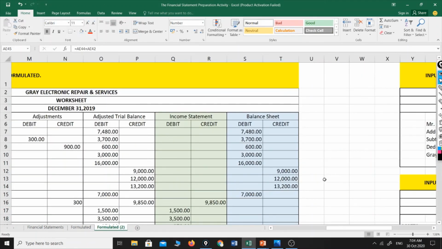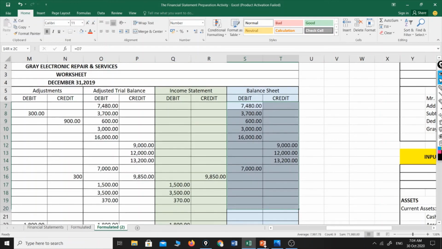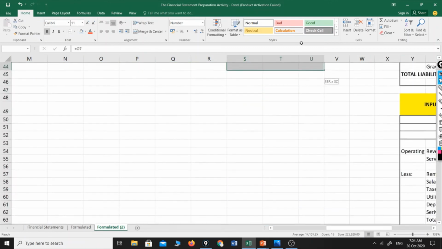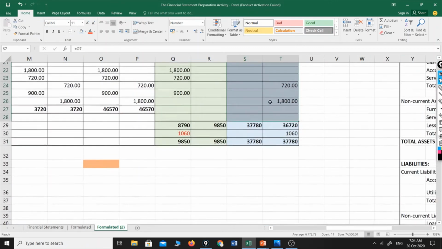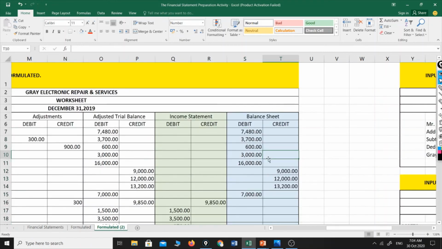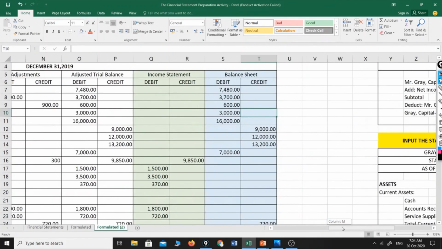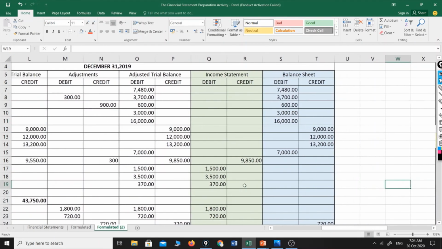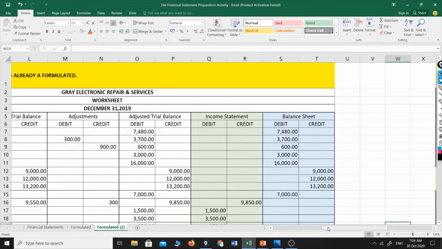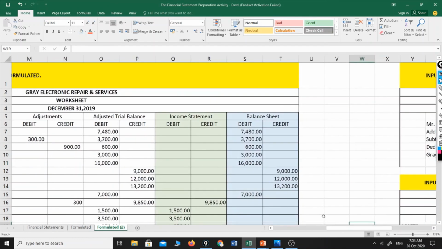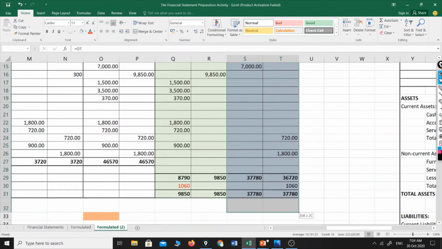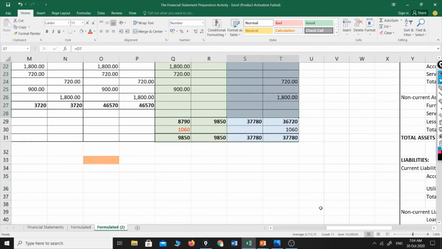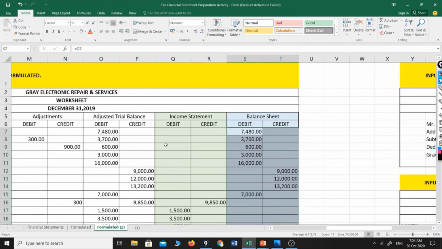So as you can see, if we already have this worksheet here, it is less hassle and much easier for us to prepare the financial statements, all those financial statements that we've tackled. Okay? So generally, the amounts and account titles that we use are all found in this section's balance sheet for the balance sheet financial statement, as well as the income statement.